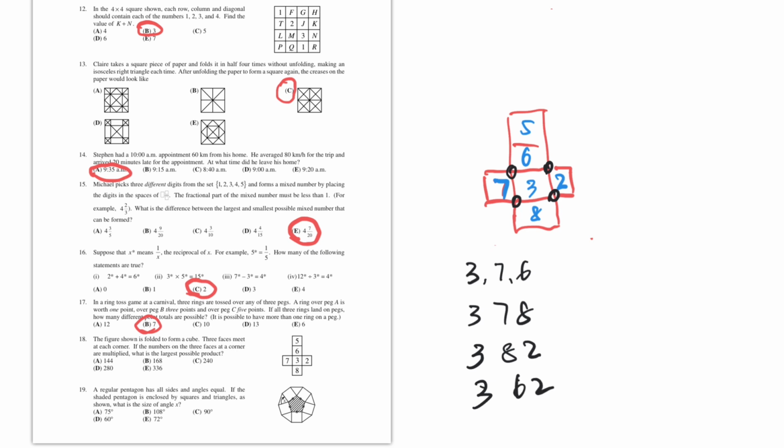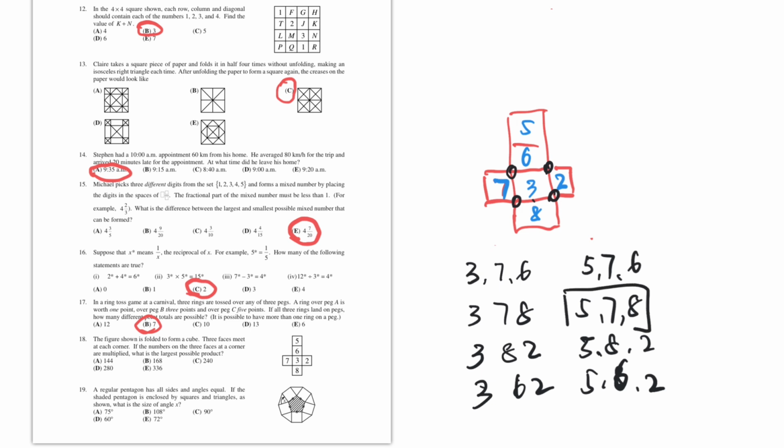Now to the top 4 corners, we just replace the 3 with the 5, because when we folded the 3 as the bottom, top will be 5. So we have the same: the 5, 7, 6, 5, 7, 8, and 5, 8, 2, 5, 6, 2. Now look at these 8 numbers.